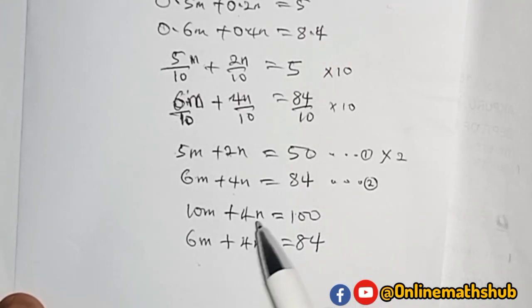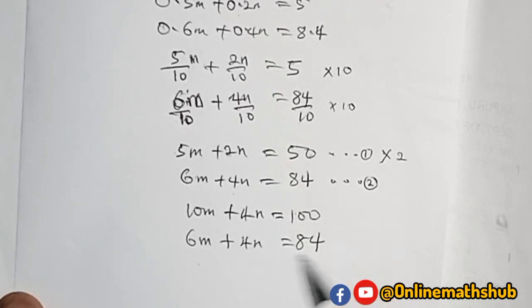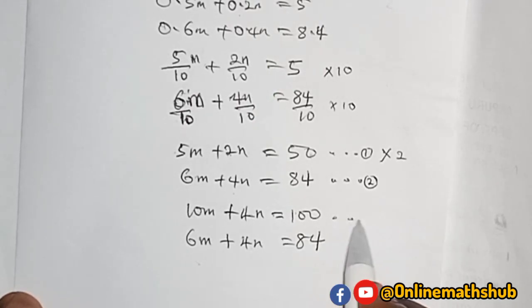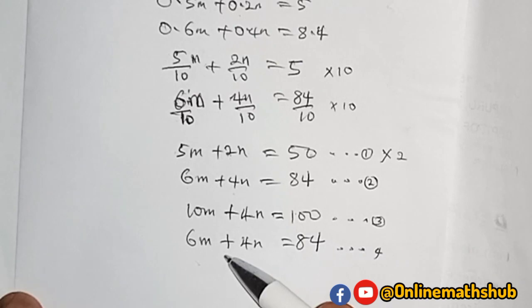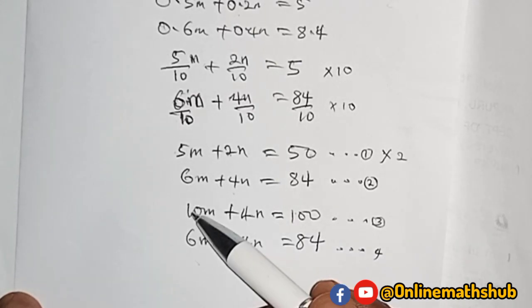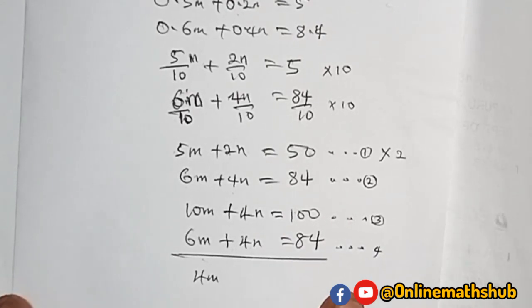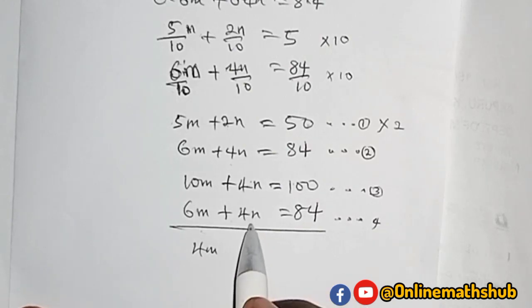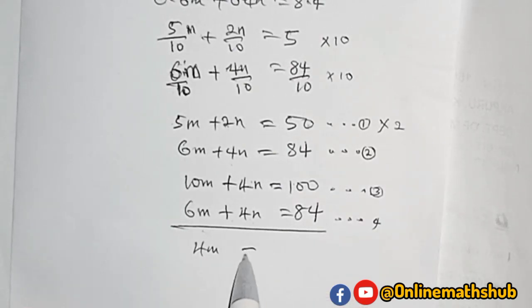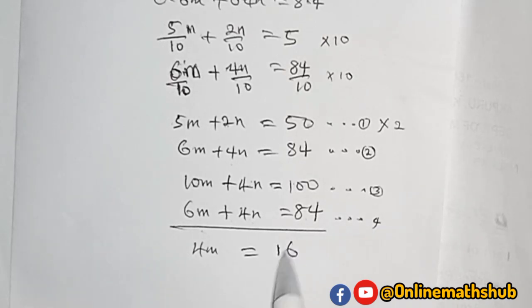Now since the coefficients are the same, I can go ahead and subtract the equations. If I call this my new equation 3, and this equation 4, I can subtract equation 4 from equation 3. 10m minus 6m gives me 4m, 4n minus 4n is 0, and 100 minus 84 gives me 16.